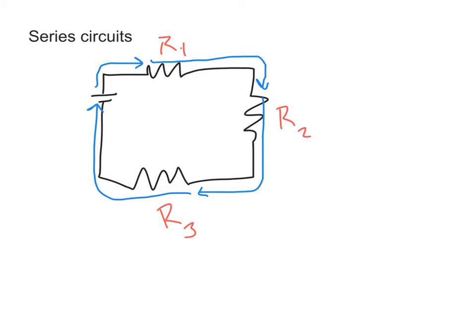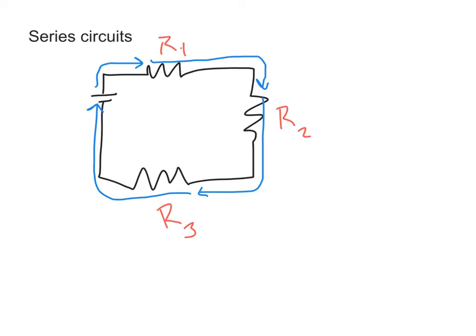So the current, or the flow of electrons, the flow of charge, how many charges pass per second, is the same at all points in that circuit. If one part slows down, the whole thing slows down. If one part speeds up, the whole thing speeds up. All right? So they have to go at the same speed.